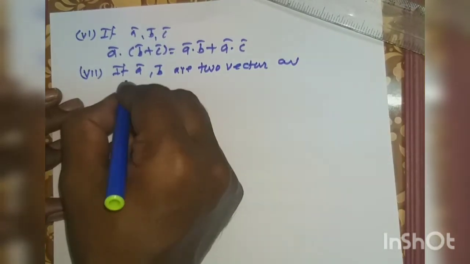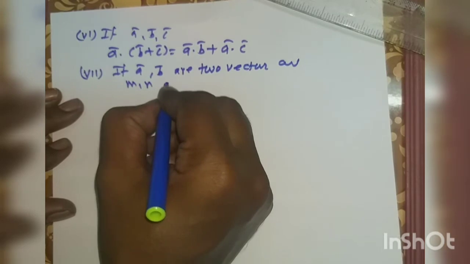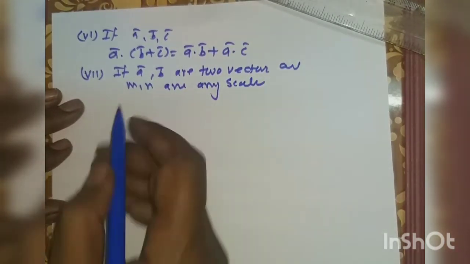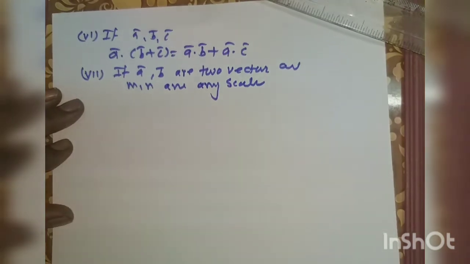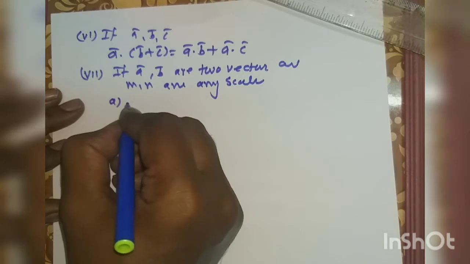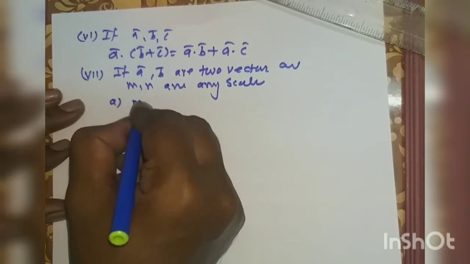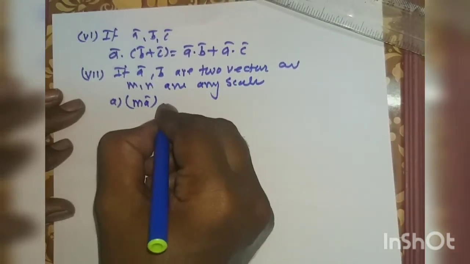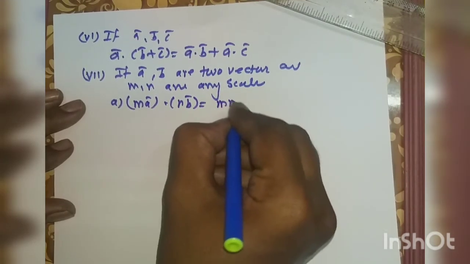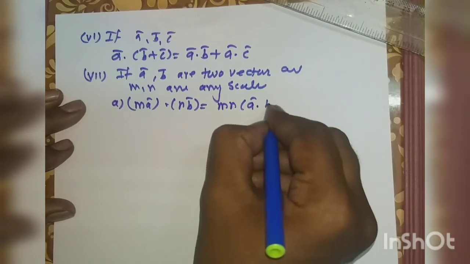Now, seventh, if a bar, b bar are two vectors and m and n are any scalars. We take two scalars and two vectors. Then there are some possibilities. First is (m a bar) dot (n b bar) is equal to m n into a bar dot b bar.